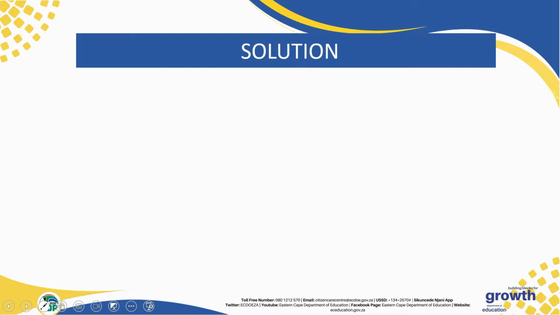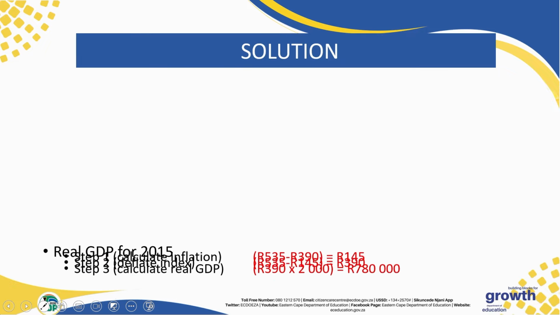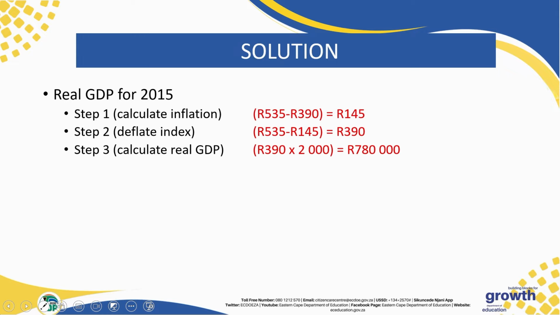All right, welcome back. So this is a proposed solution. So the first step, you needed to calculate the inflation. So the inflation for 2015 amounts to 145. The second step is to deflate the index. So if you deflate the index, you get 390. Then from that, you need also to calculate the real GDP. The real GDP for 2015 is 780,000.